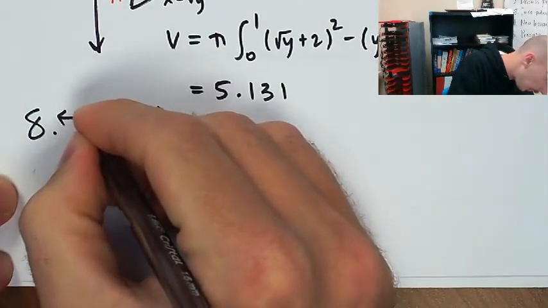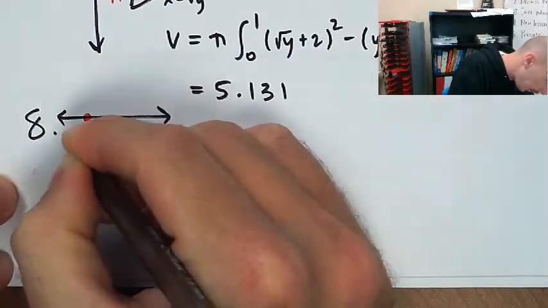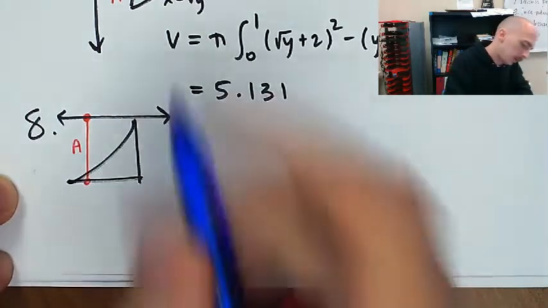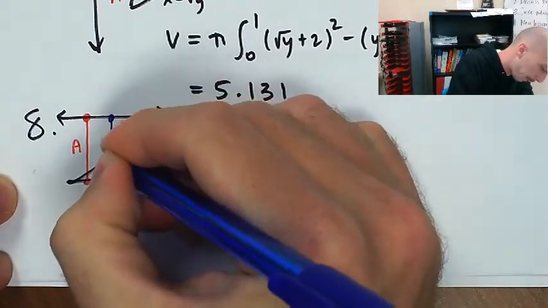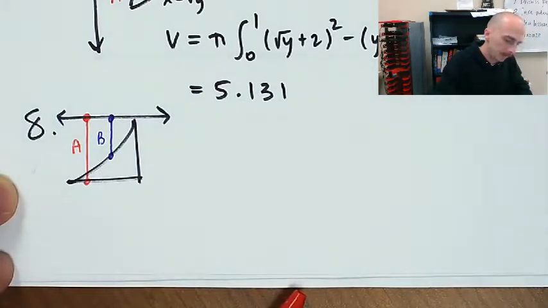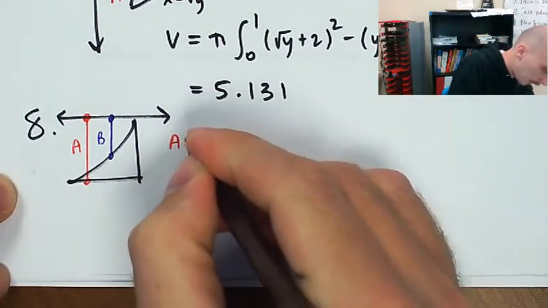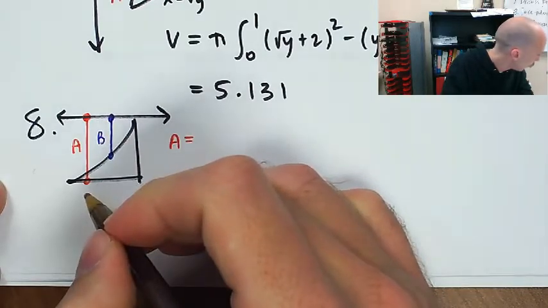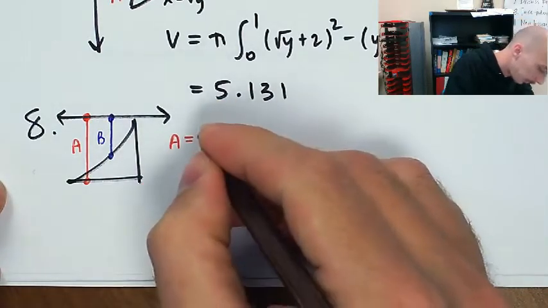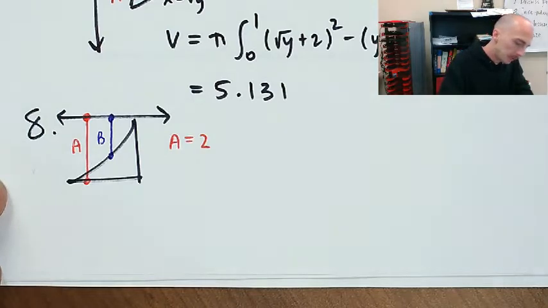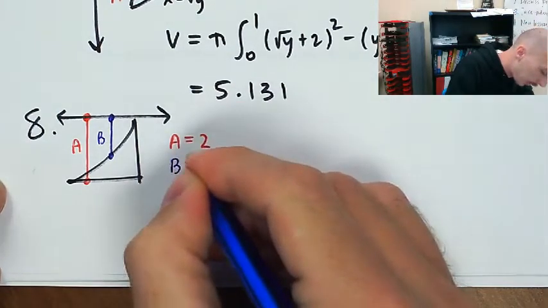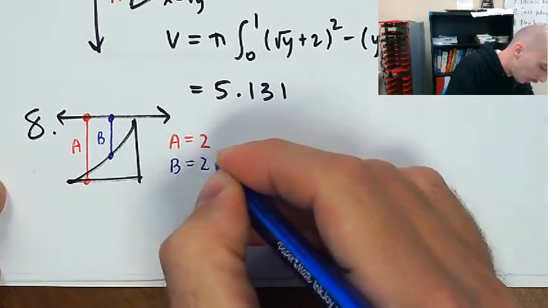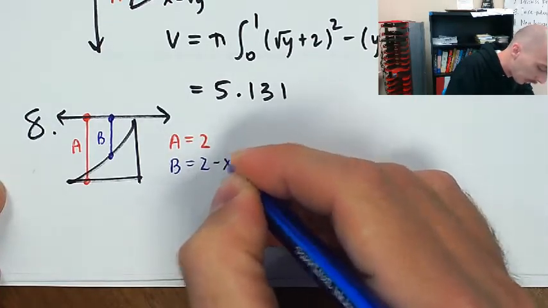The washers, okay, this is the large radius, this is the small radius. A is going to be top minus bottom, so it's the difference in two y coordinates: y equals 2 minus y equals 0. And B is also the difference in two y coordinates: y equals 2 minus y equals x squared.